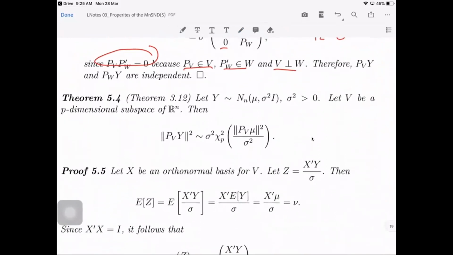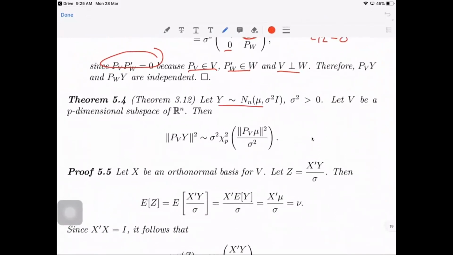Next, we start with a random variable Y, which is normally distributed. Sigma square is greater than 0. Let V be a p-dimensional subspace. Then the square norm, so this is the inner product of PVY with itself, over sigma squared is chi-square distributed.